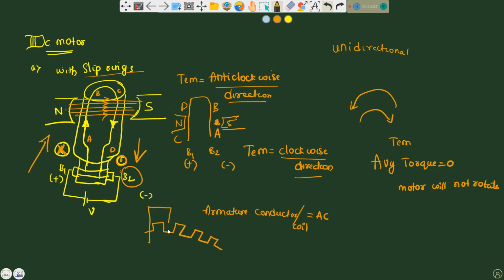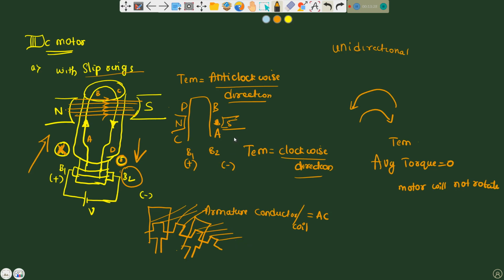The coil is going like this. I am just showing you an example. So this is how it has been there. Understood? So I have drawn only one.